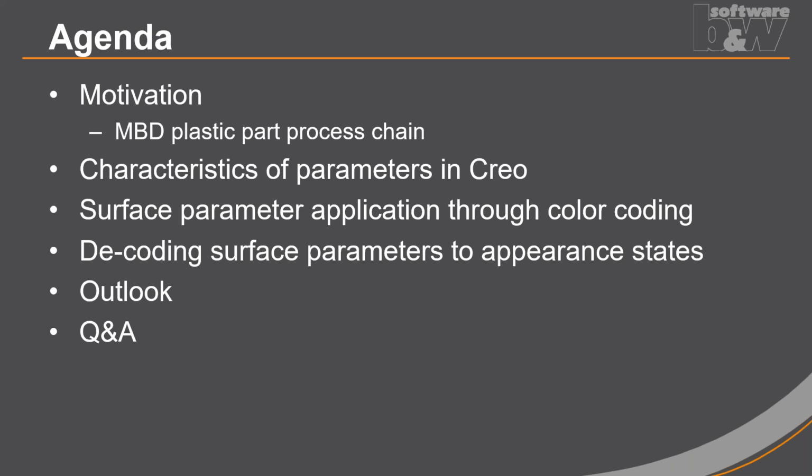Talk you through the surface parameter application through color coding, and show later how you can even decode the surface parameters to appearance states. Later, we'll have a quick outlook, and as Sascha already told you, we'll finish the session with a Q&A session. Okay. Let's dive into the topics directly.